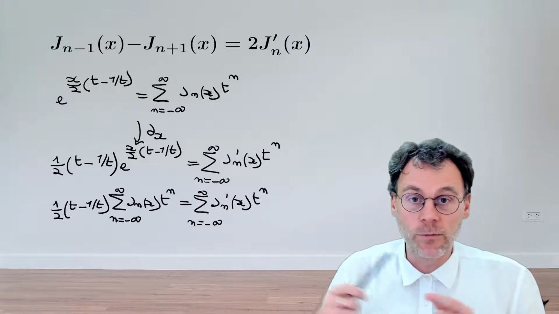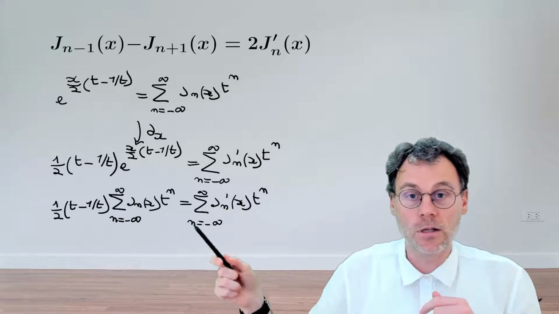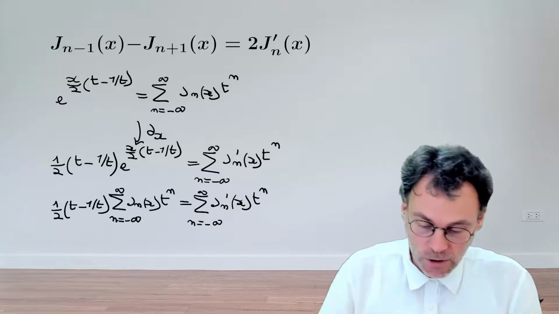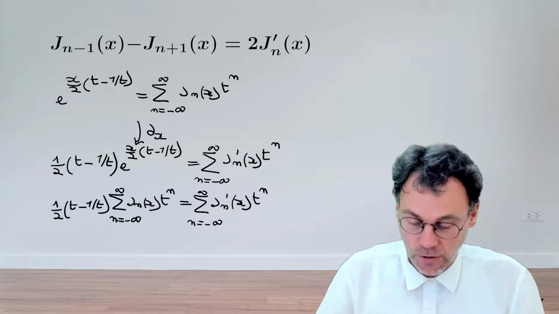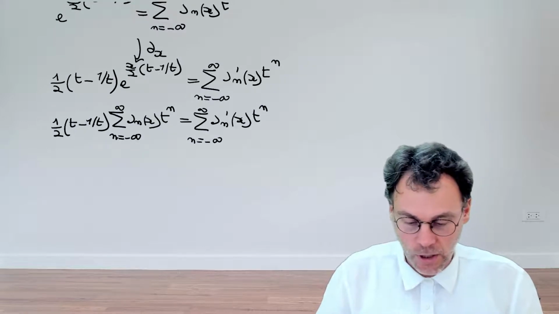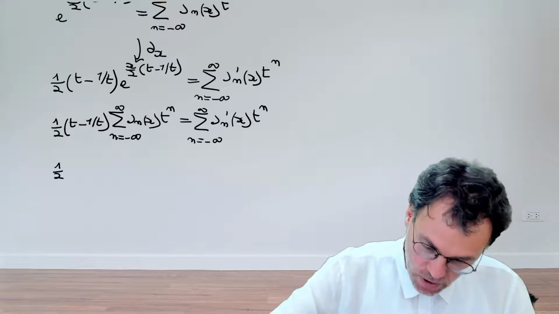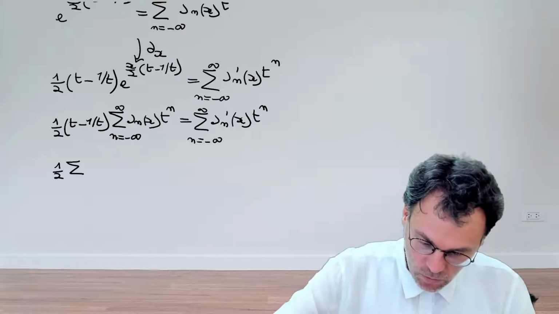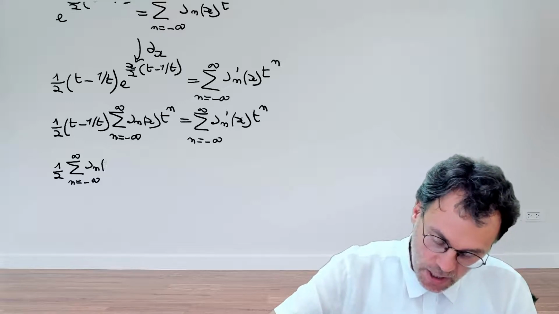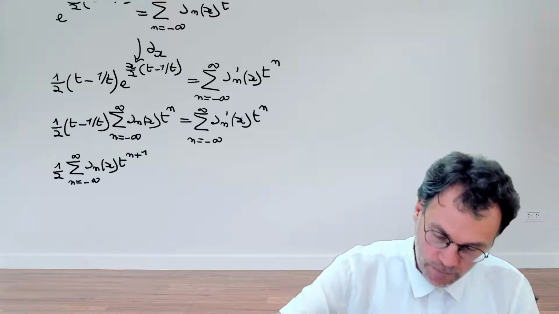Now, if you're a bit familiar with this manipulation of series expansions, basically at this point in time, you can immediately read the solution over there. But let's go a bit slower here and give some intermediate steps. The first thing we're going to do is expand that series expansion here. So that becomes 1 over 2 summation minus infinity to plus infinity J_n(x) t to the power of n plus 1.